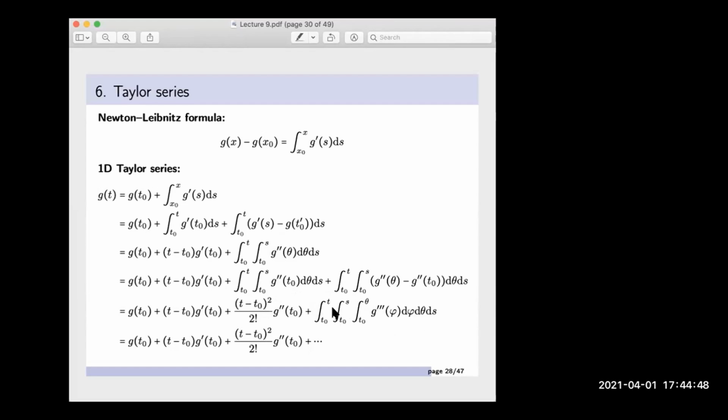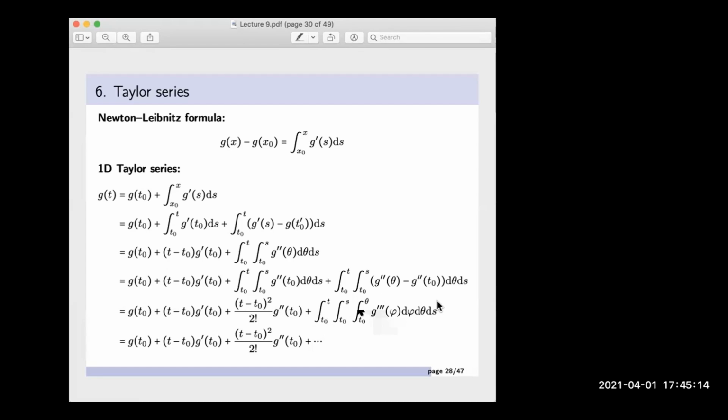This remainder is small. It's roughly t minus t0 to power 3, actually, because you have triple integral. Every integral gives you t minus t0. So this part is smaller than t minus t0 to power 3 times the third order derivative.